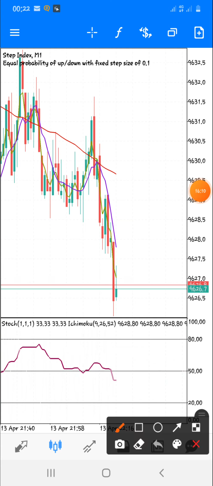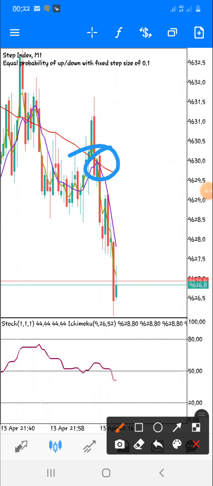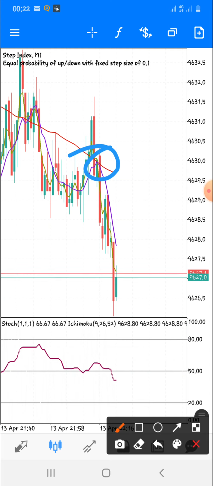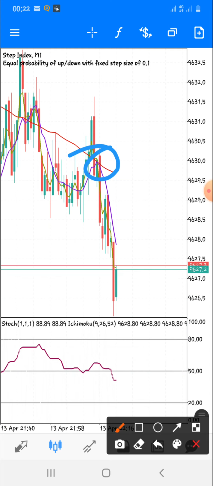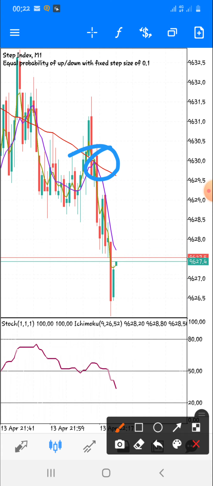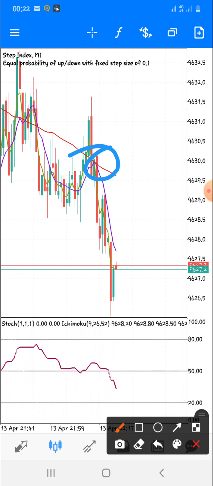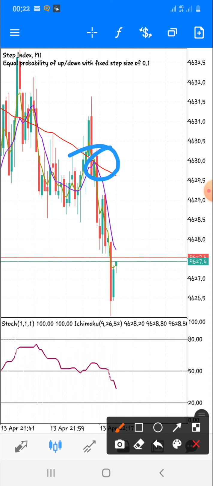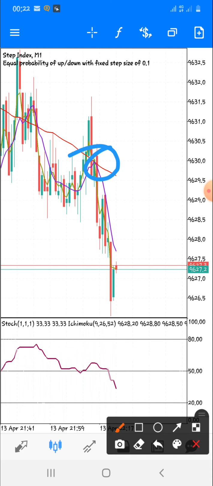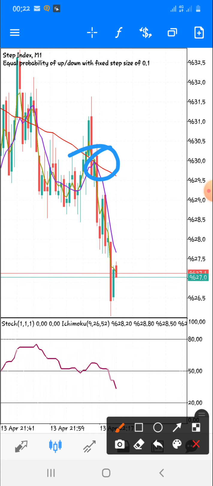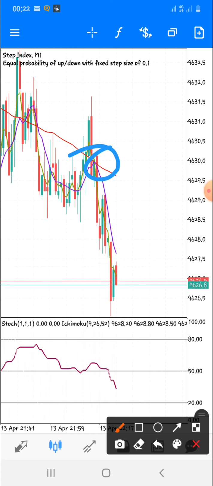You see here, the two confirmations are already on the move, but you shouldn't attempt to take a sell if the Ichimoku is at 50 or below.